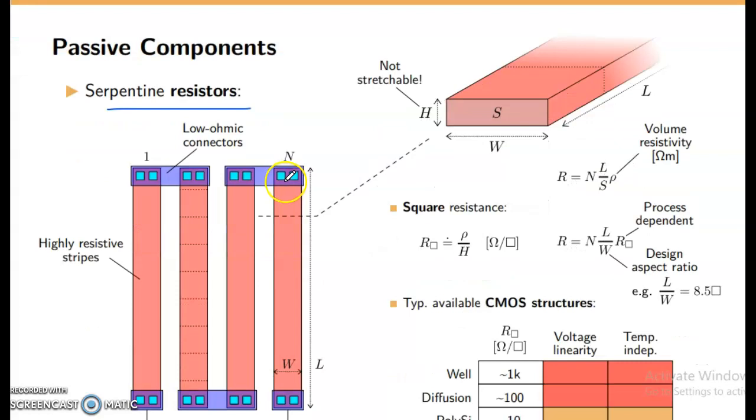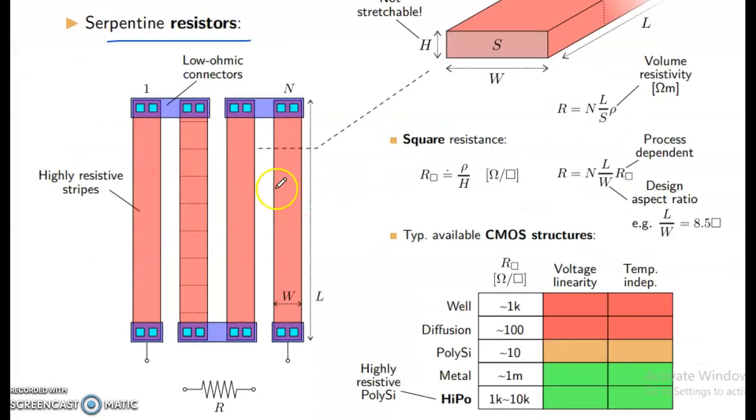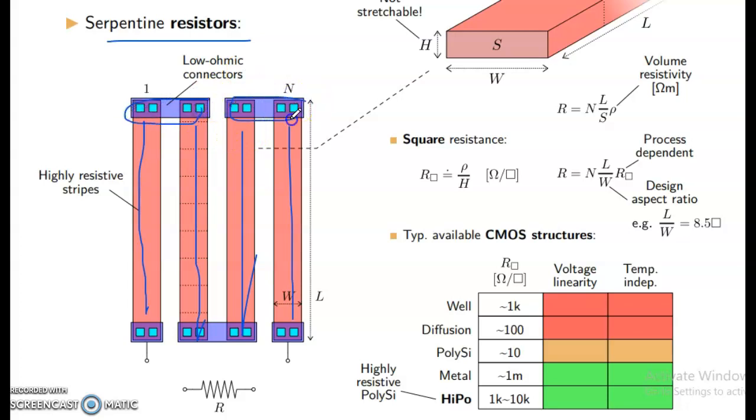Here these are high resistive strips, with low ohmic contacts, like this.